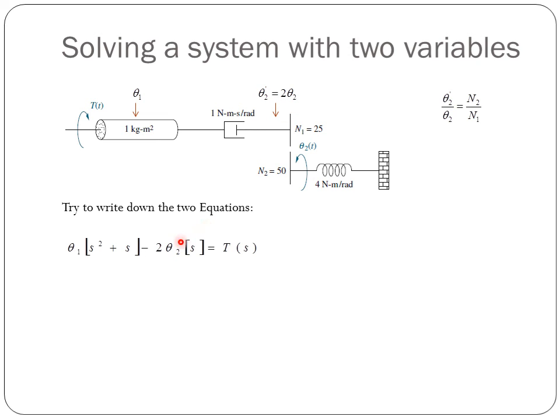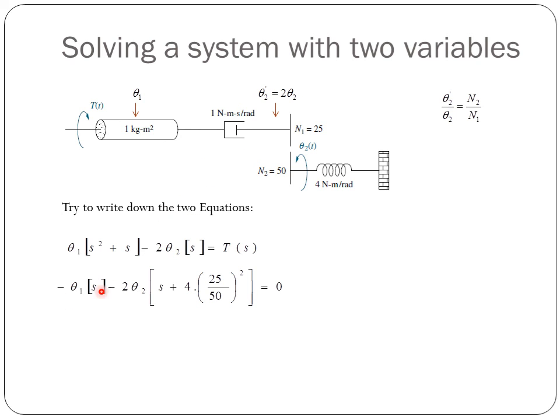So we are writing 2 theta 2 into s, just like the mesh equation. We have practiced it in our previous lecture. So theta 1 into some impedance and theta 2 into the shared impedance, which is 1 into s here, is equal to the applied torque T1. And then we will write the second equation based on this theta 2 dash here.